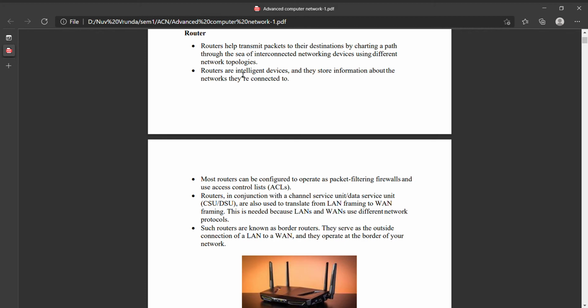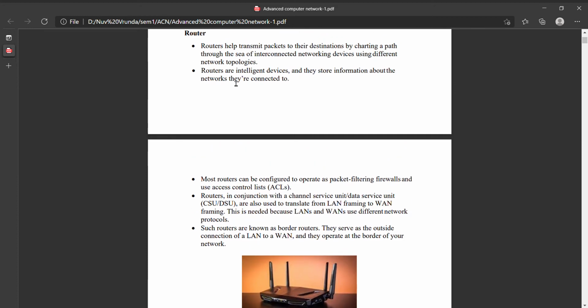Because routers work intelligently, like a shortest path algorithm. They store information about the networks they are connected to. They store information about what is connected, basically they deal with IP addresses.